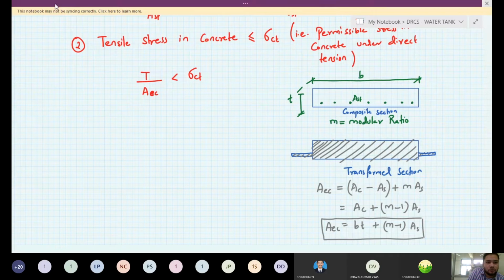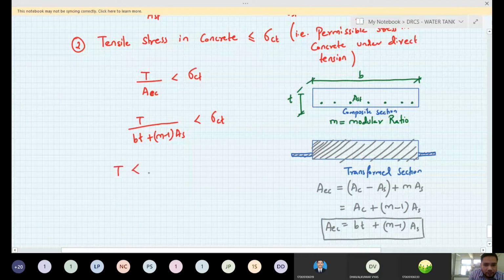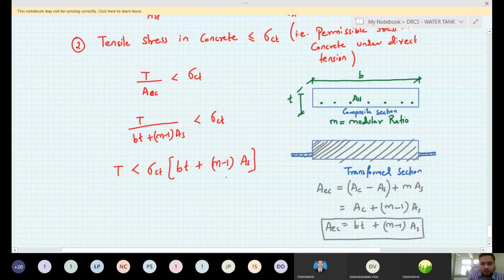So the stress will be T divided by BT plus m minus 1 times AS, and this should be less than or equal to sigma CT. Now let us put this in terms of T. So T should be less than or equal to sigma ct times BT plus m minus 1 times AS.